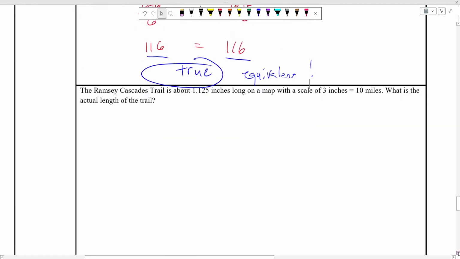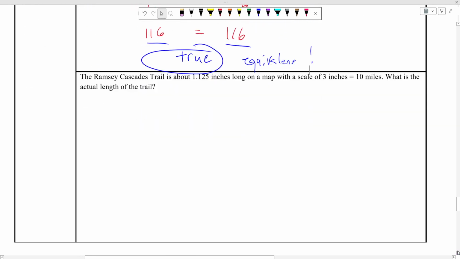Okay. And here's another one. Here's more along the lines of what you may work with as it pertains to scale models and scale drawings. In this case, we have a trail on a map, and we have a scale on a map. And what is the actual length? Now, here I'm seeing miles, and I can't draw a map that is quite literally 10 miles.